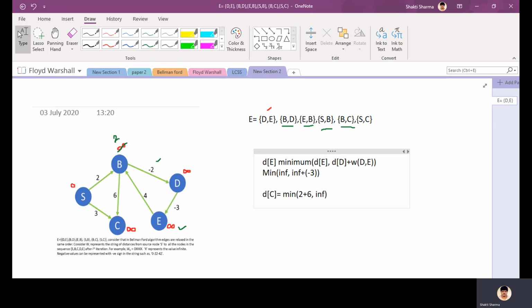So we have to compare between these two numbers. Now 2 plus 6 is 8, which is smaller, so 8 will be the updated value. So this value here will change to 8.